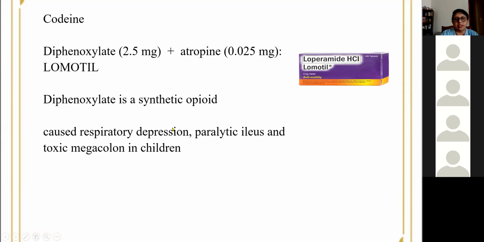Otherwise, please don't take it. It may sometimes cause paralytic ileus. Not in all cases. Many people would have taken it, but only some 5% or 10% will develop paralytic ileus or toxic megacolon. But there are chances, so be very careful.